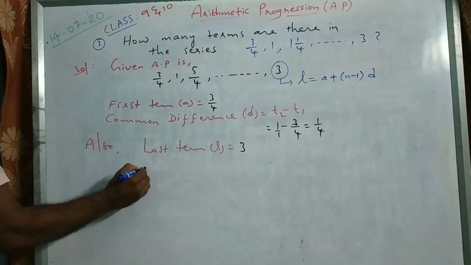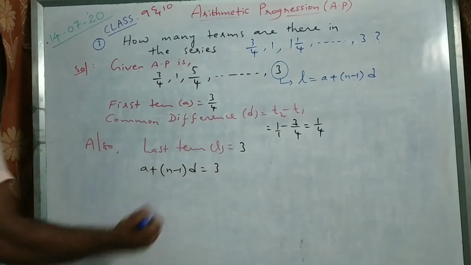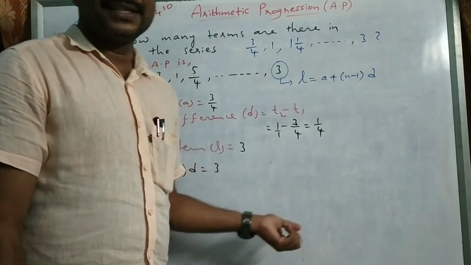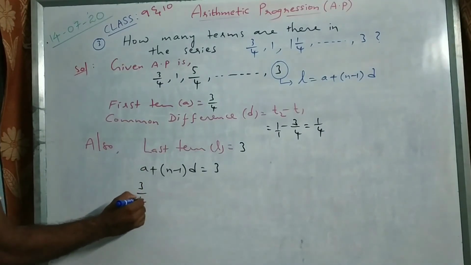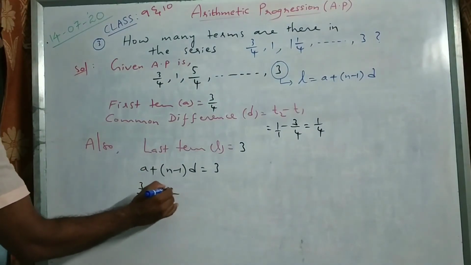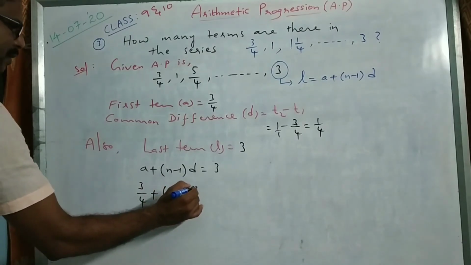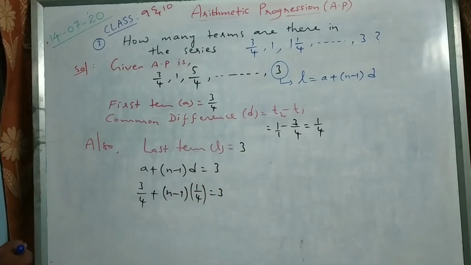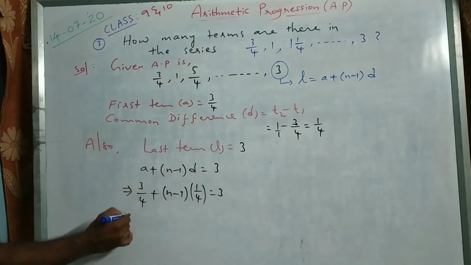What is the last term as per the formula? A plus n minus 1 into d. Remember always, general term, last term or nth term, it is the same. So the A value 3 by 4 plus n minus 1 into the d value 1 by 4 equals 3. This 3 by 4 I will shift to that side first.